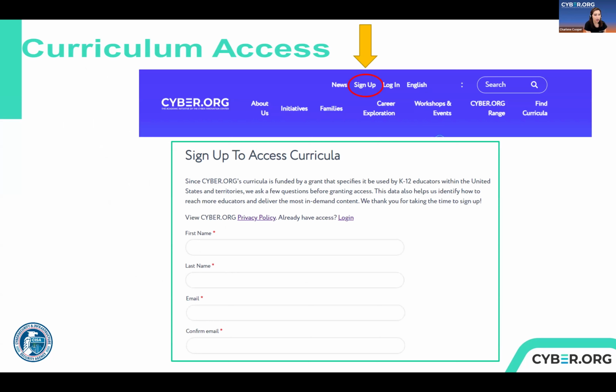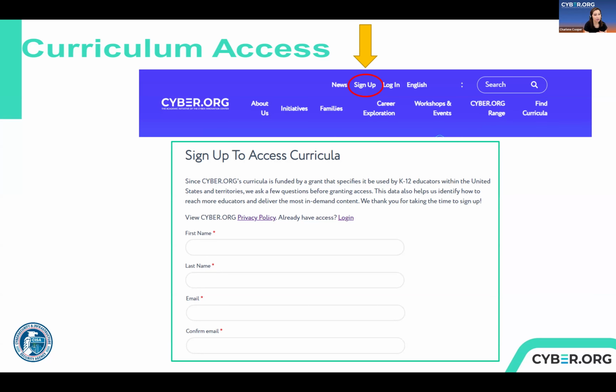And so if you have not signed up for access yet, you can go to our homepage, which is cyber.org, and near the very top, there's an area for you to click on to sign up. And we are grant funded, so there are a few questions that we're going to ask to make sure we stay within the parameters of our grant, and we always encourage you to apply with your school email address, because that makes the process of approval a little bit faster.